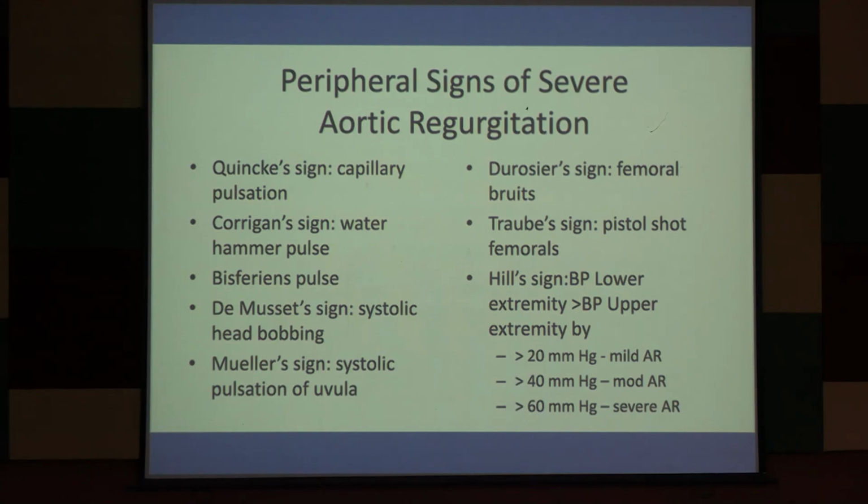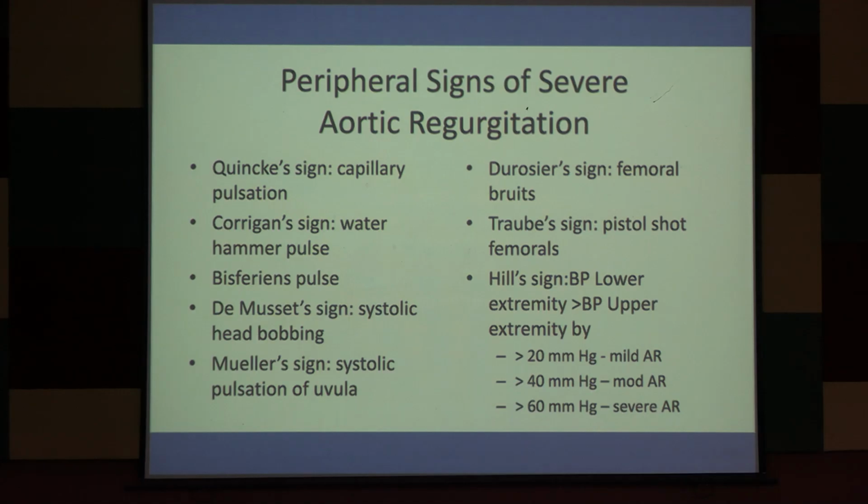De Musset's sign, that is the systolic head nodding or bobbing with each systole, and Müller's sign, systolic pulsation of the uvula. Then the Duroziez's sign, that means a to and fro murmur over the femoral artery by slight compression with the stethoscope. To and fro murmur, that means both systolic and diastolic.